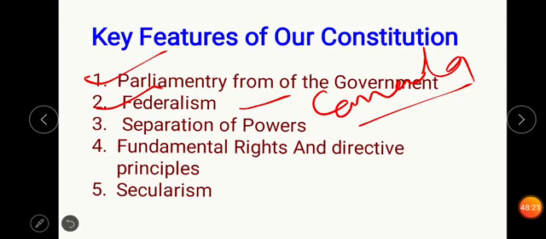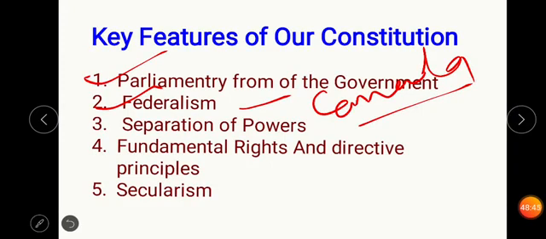The Indian constitution divides the power between the union and the state government on the basis of three lists. And what are these three lists? Union list, state list and concurrent list.